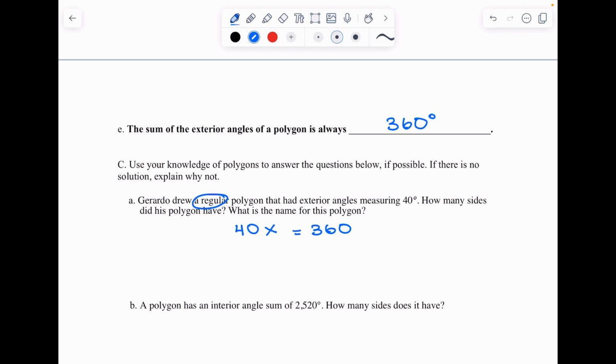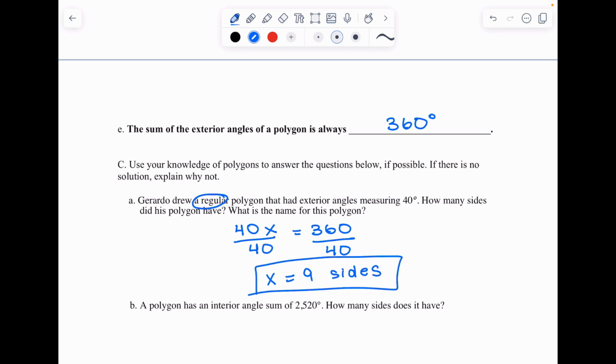So I need to figure out how many times I have to add 40 to get to 360 degrees, which means all I have to do is divide 360 by 40, and this tells me that my polygon will have 9 sides. And we saw on the first page that a 9-sided polygon is called a nonagon.